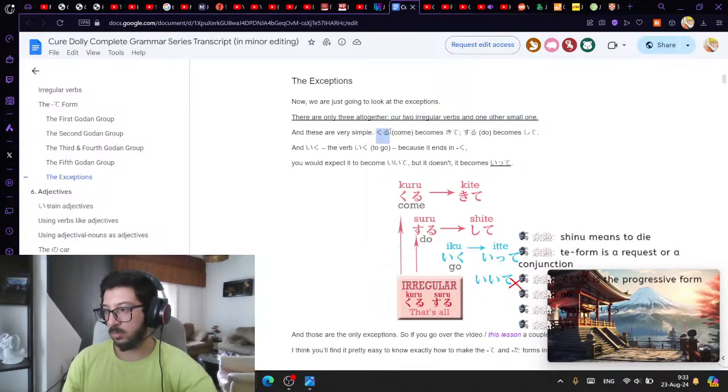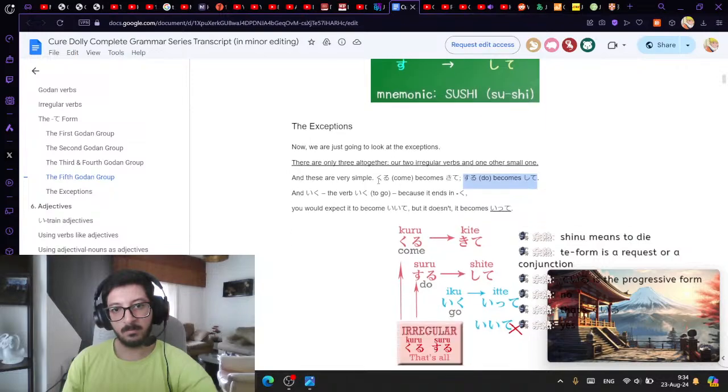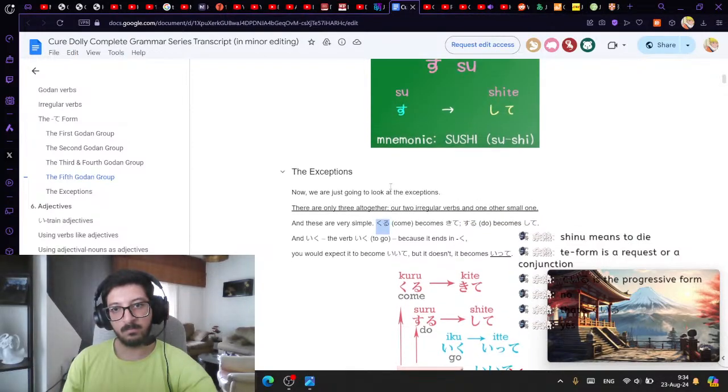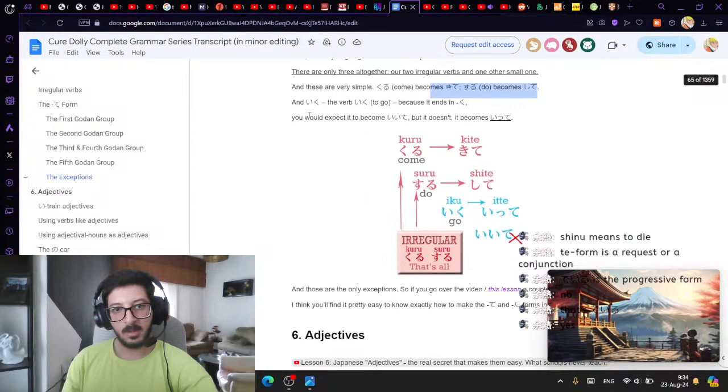Kuru, come, becomes kite. Suru becomes shite.